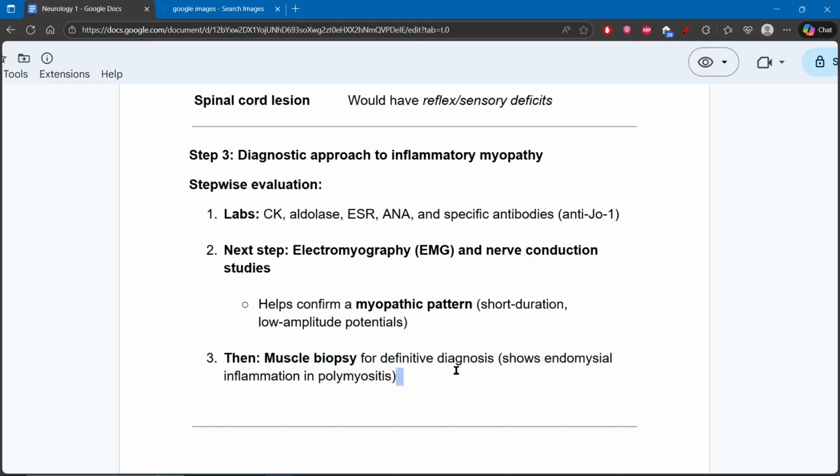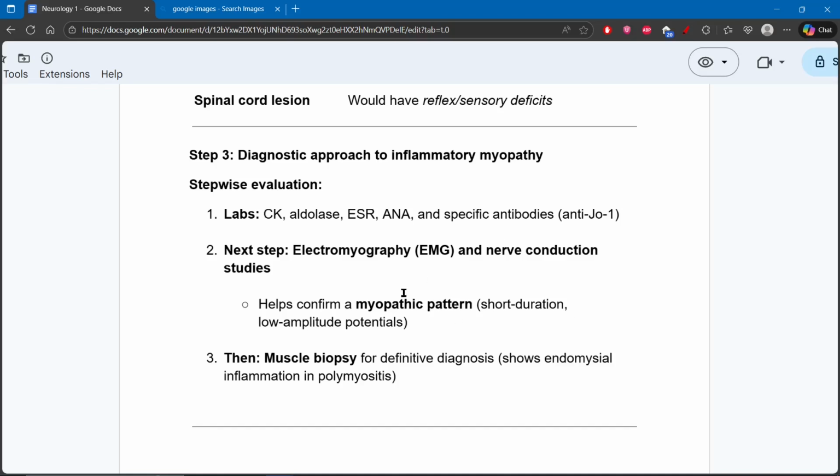Now you must remember what these tests give you in the result as well, because instead of mentioning EMG, they might say that the next best test is applied, and what would be the result that would confirm the diagnosis.